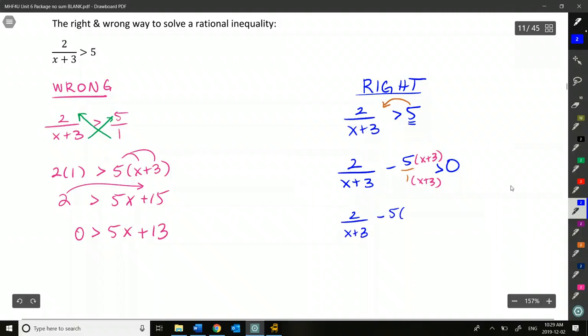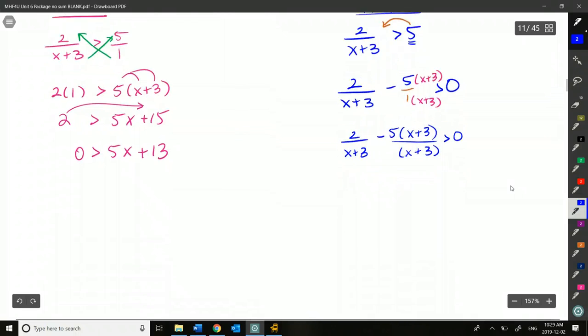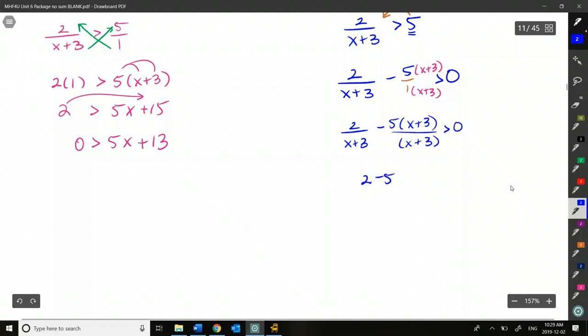Okay, so now we've got this common denominator here. And we're going to kind of merge those into one fraction. Another big mistake that I see, especially when we have subtraction happening on the top, is people forget to bring this negative into each term in this expansion here.